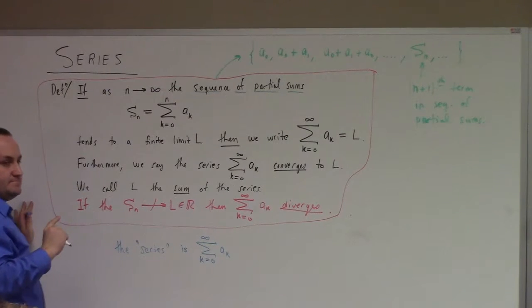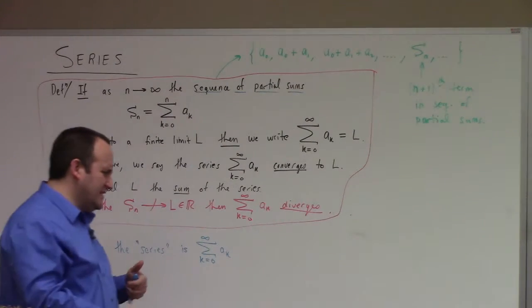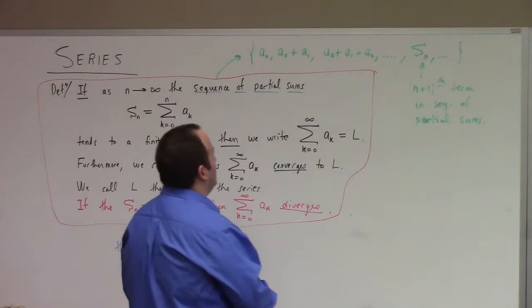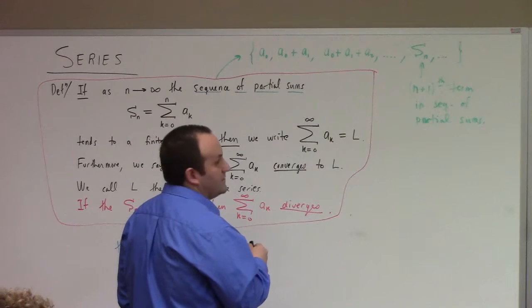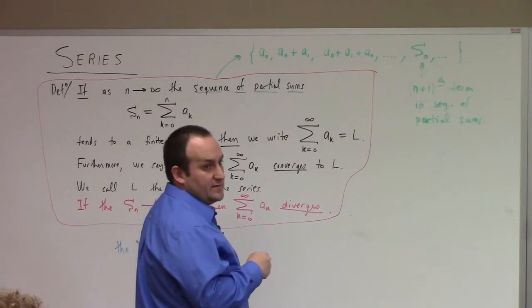If you wanted to write the sequence of partial sums as a list, I have it up here at the top. Technically that's the range of the sequence of partial sums, if you want to be picky. The first thing in the sequence of partial sums is the first thing you're adding in the series. Then the second thing is the sum of the first two things in the series.